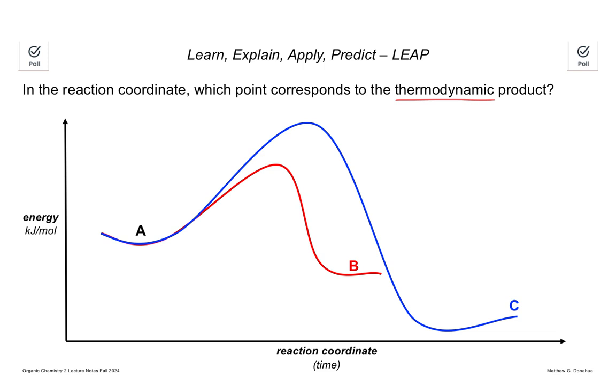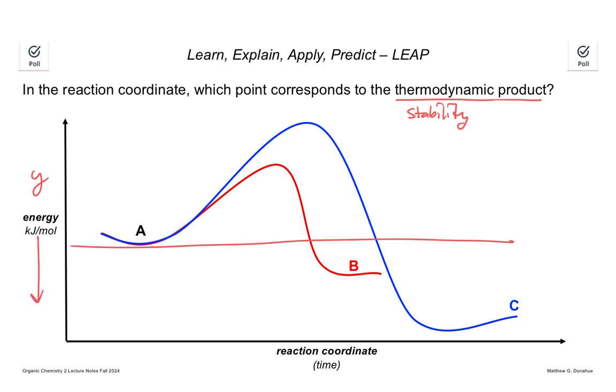And so we have now the thermodynamic product, and that again deals with product stability. So we're going to draw that line again, but now we're going to look at the bottom part, not the hills, but the valleys or the wells. So again, the y-axis deals with energy. So the lower you go, the more stable.